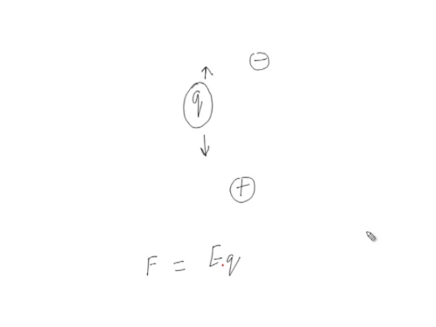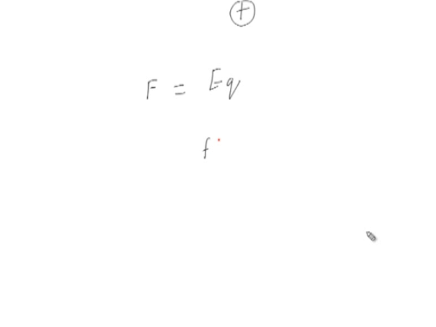You can also call it a viscous drag, denoted as F. The velocity of the particle which moves under the influence of the electric field will be given by E q by F, that is frictional force, or we can say V F equals E q, that is viscous drag.